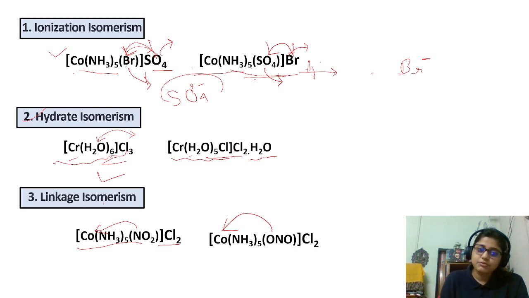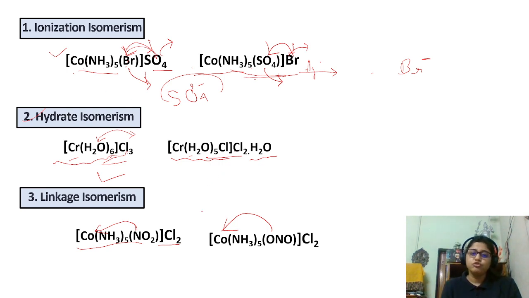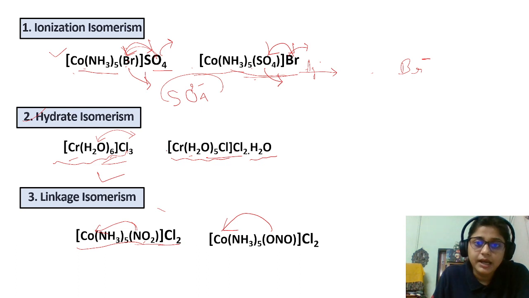And in the linkage isomerism, there are ambidentate ligands, like CN and NO2, and based on through which atom they are donating, linkage isomerism can be seen.